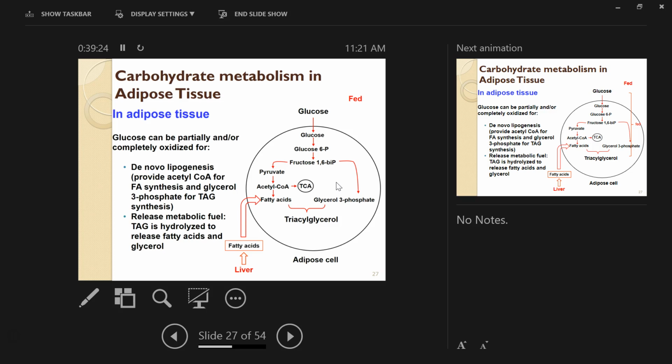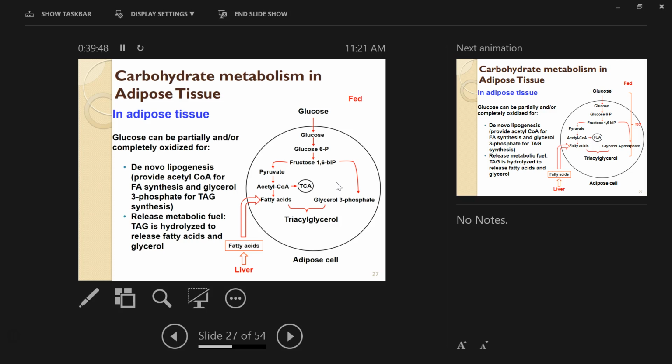So liver should be the main tissue that synthesizes fatty acids from glucose, right? We mentioned a little bit, I think, right? In the liver, how glucose is metabolized. In addition to glycogen synthesis, some of the glucose is converted to fatty acids, right?